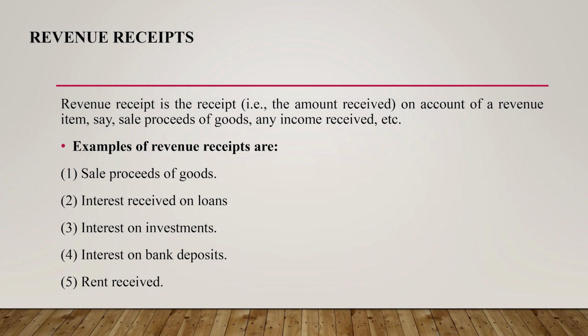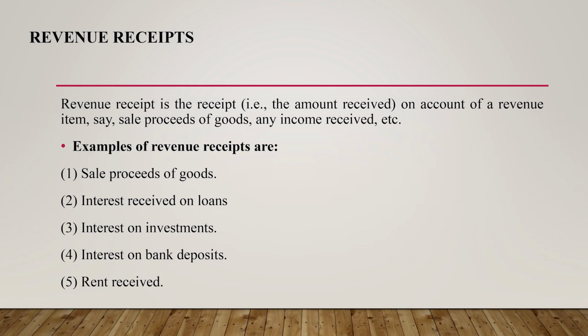The examples for revenue receipts are sale proceeds of goods: a trading concern purchases goods for the purpose of sale, so the proceeds from sale of such goods will be considered as revenue receipt. Then interest received on loans. Suppose we borrow loans, the amount received will be the capital receipt, but the interest received on loans granted by us will be considered as a revenue receipt, because all such receipts are of recurring nature.